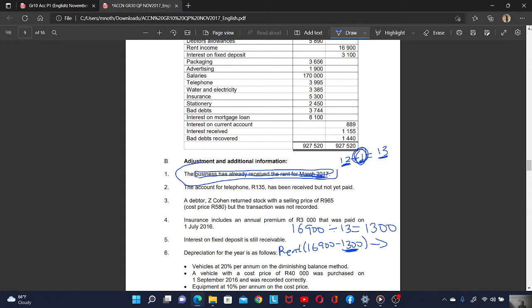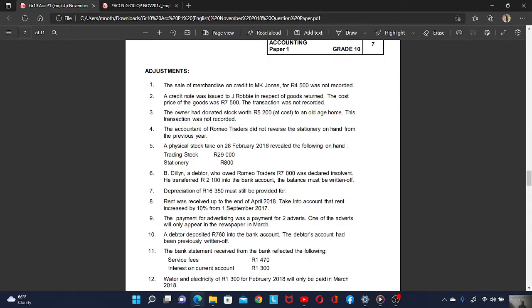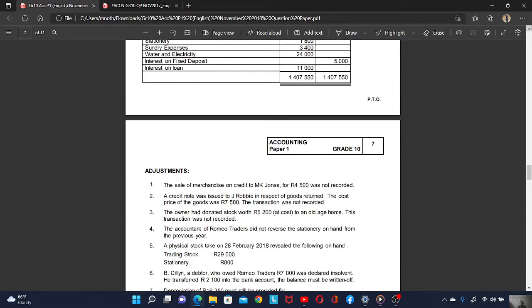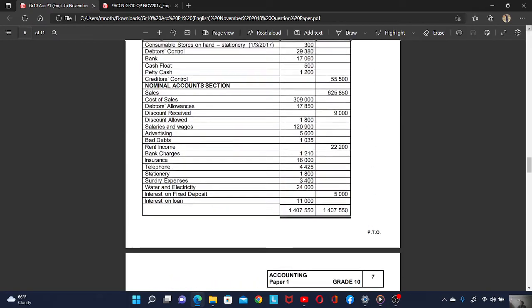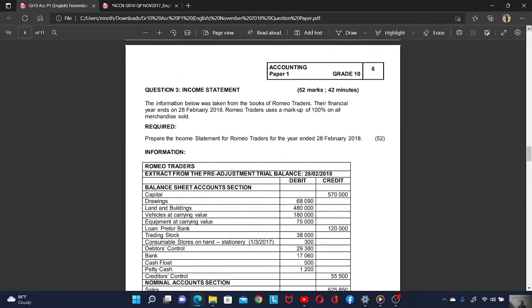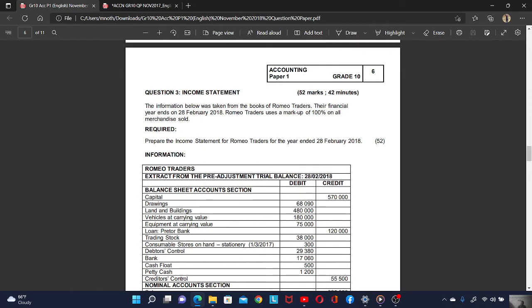And then the next one, the big one. Rent was received up to the end of April 2018. So for this one, I need you to just focus on this one. The year ends on 28 February 2018.